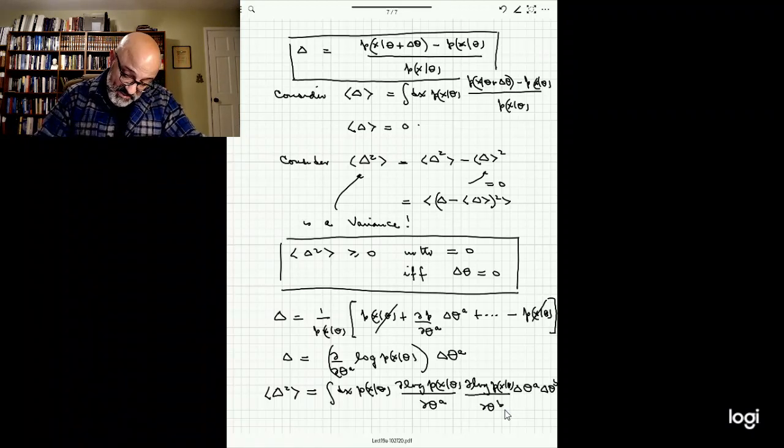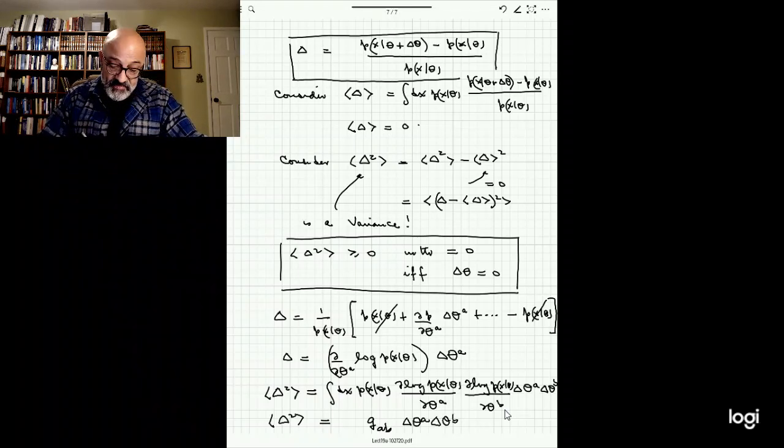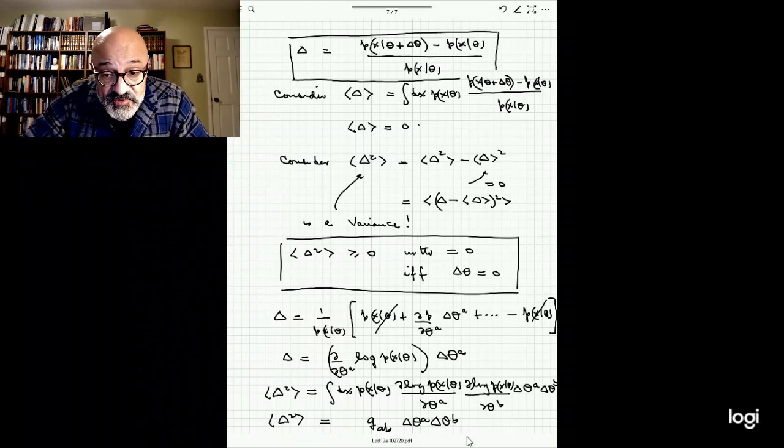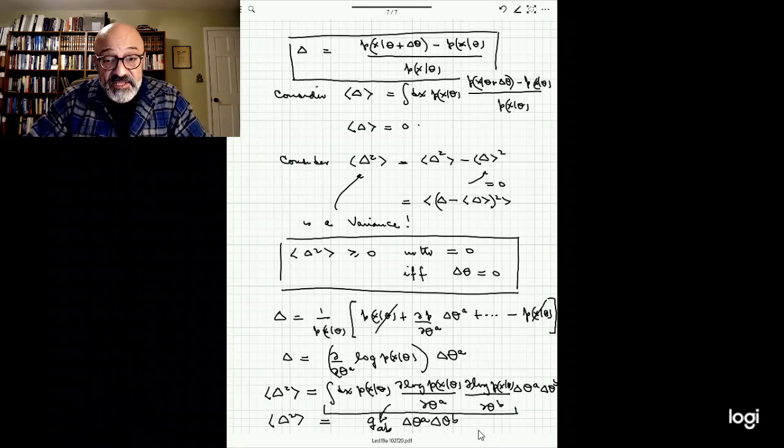And so this is exactly of the form you expect if you have a metric tensor multiplied by d theta a, d theta b, right? So this object that appears here, this is the metric tensor.